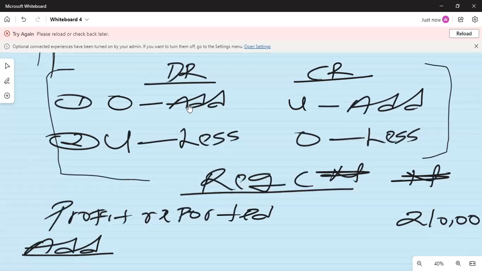I'm going to add items on the debit side that are overstated, and I'm also going to add items on the credit side of the trial balance that are understated. We don't need to look for that.